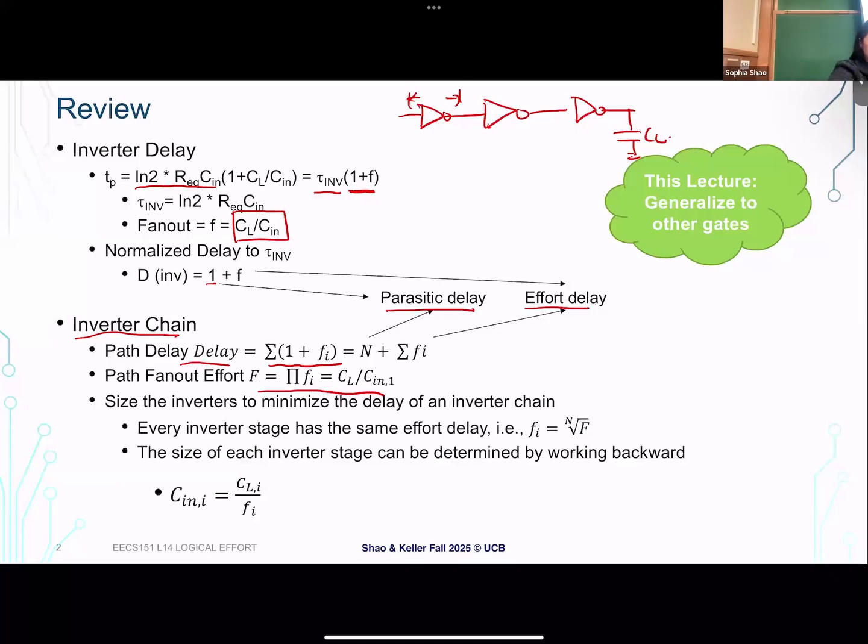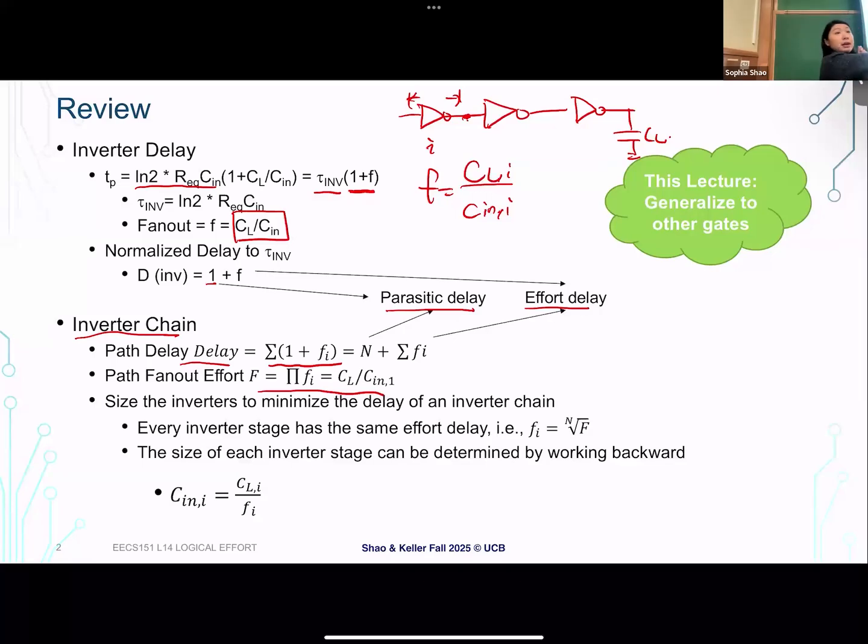In particular, when we think about a chain of gates, in particular a chain of inverters, right? For each stage, let's say this is the i stage, the fan out is basically the ratio between the load for the i stage and the input capacitance of the i stage, right? So here, one important component is the load I'm driving for this stage.